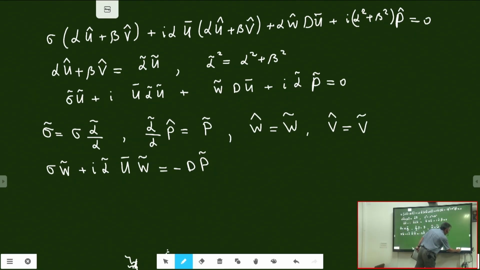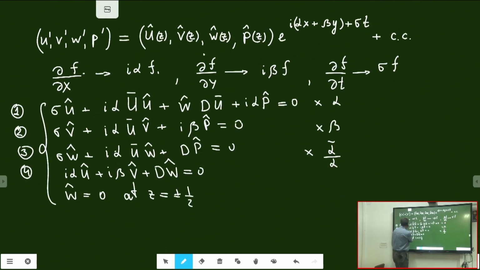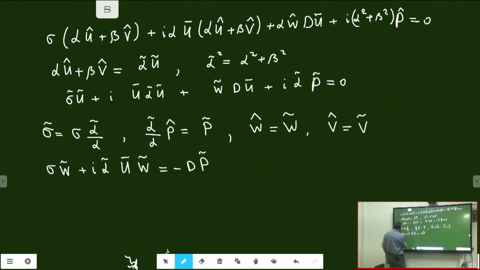Now let's look at the last one. This one, i alpha u plus i alpha b v, we already know what that is, right? This is nothing else but i alpha tilde u tilde plus dw tilde is equal to 0. Agree?